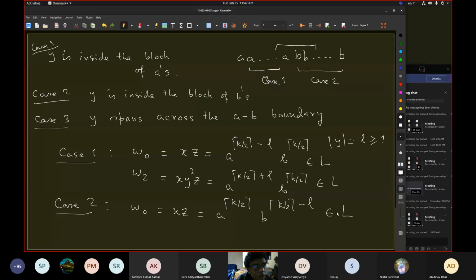Now, if I look at case 3, I have something like this: A's and then B's, and Y is basically straddling both the blocks. And I do not have any control on how far it goes here or goes here.